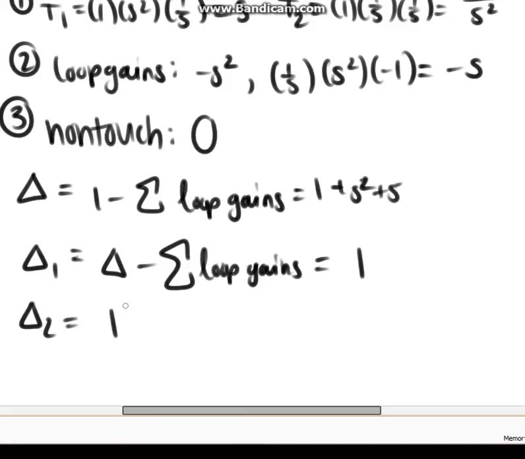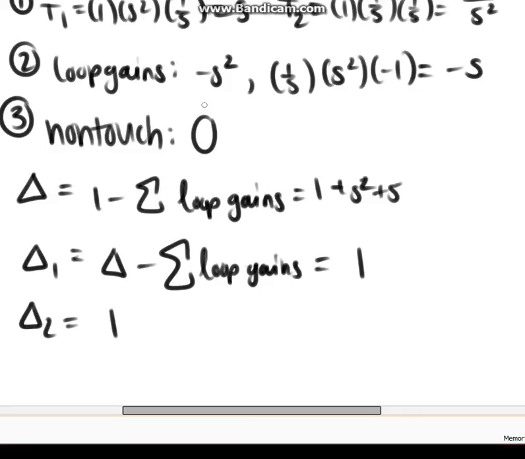Technically, it's the sum of the loop gains taken 2 at a time, meaning any pair of loop gains that don't touch each other, plus the sum of the loop gains taken 3 at a time, so any triplets of loop gains that don't touch each other, and so on.